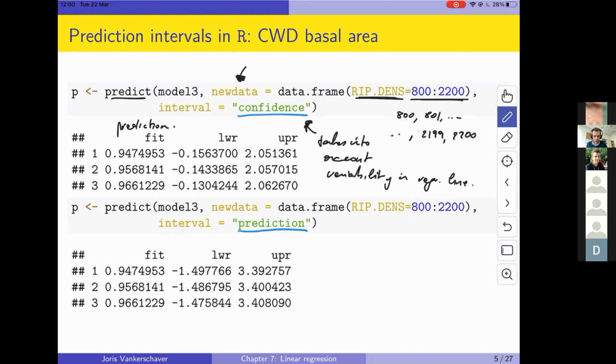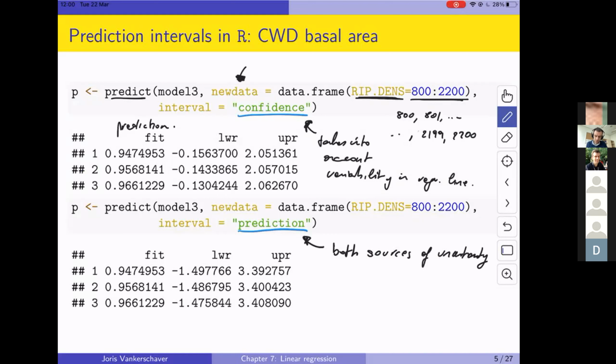And for the other output, the prediction interval, we take into account both sources of uncertainty.